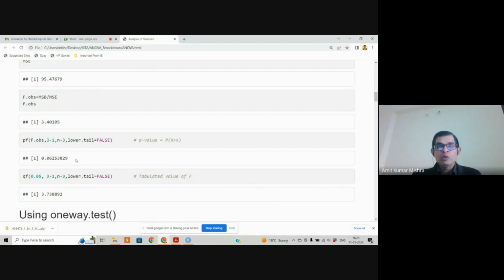If, for example, I want to find the critical value, I will find the quantile at 5% with the same degrees of freedom. Lower tail is again false. So this is the critical value, 3.74 approximated.